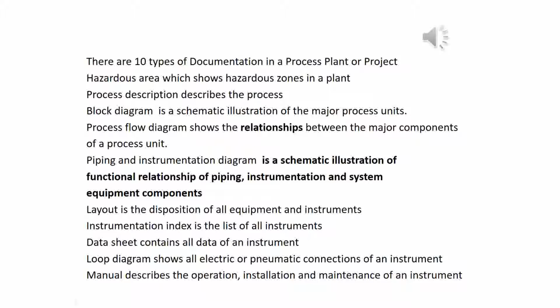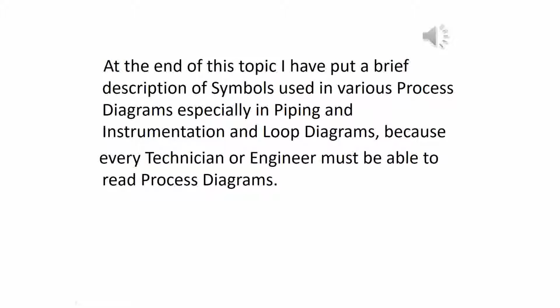Manual describes the operation, installation, and maintenance of an instrument. At the end of this topic, I have put a brief description of symbols used in various process diagrams, especially in piping and instrumentation, and loop diagrams, because every technician or engineer must be able to read process diagrams.